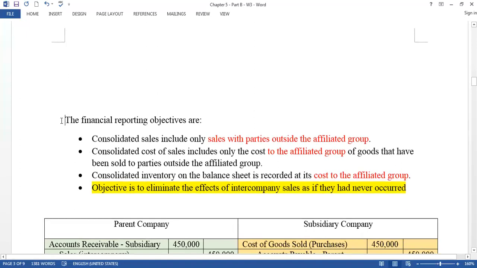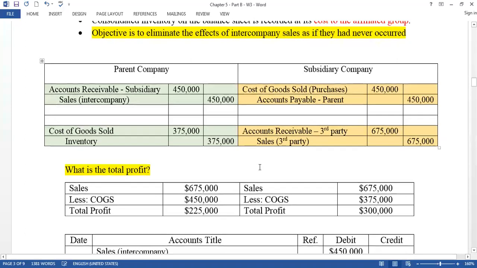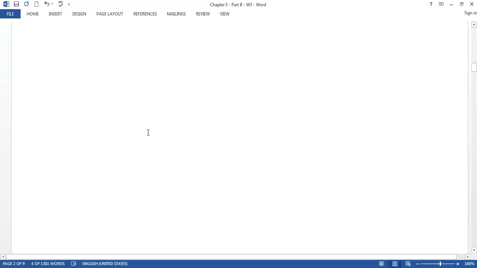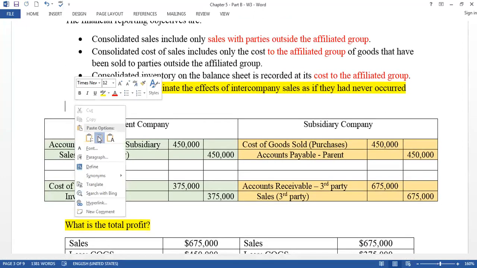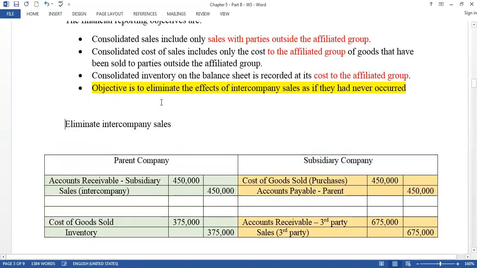Now I am going to tell you first how to eliminate intercompany sales. This is the first point I am going to review, although I explained it in the last class.